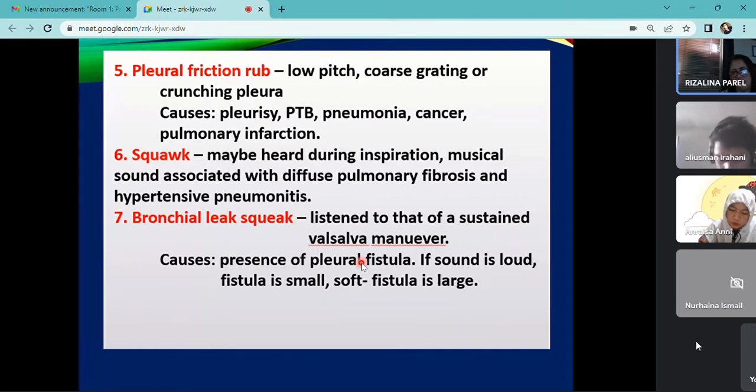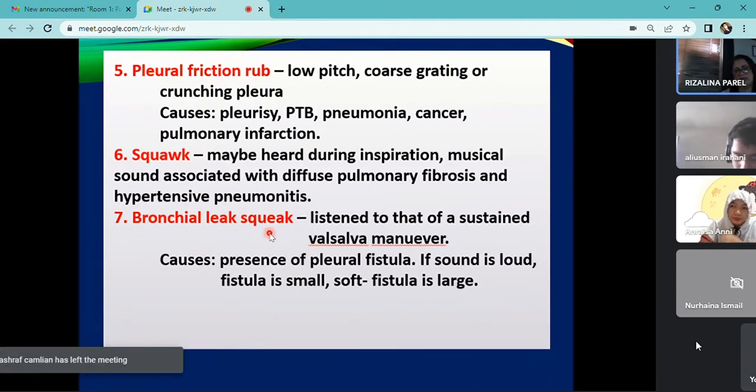Pleural fistula. If the sound is loud, the fistula is small. If soft, the fistula is large. So in cases of pleural fistula, the adventitious sound is bronchial leak squeak, like the sound of a Valsalva maneuver.